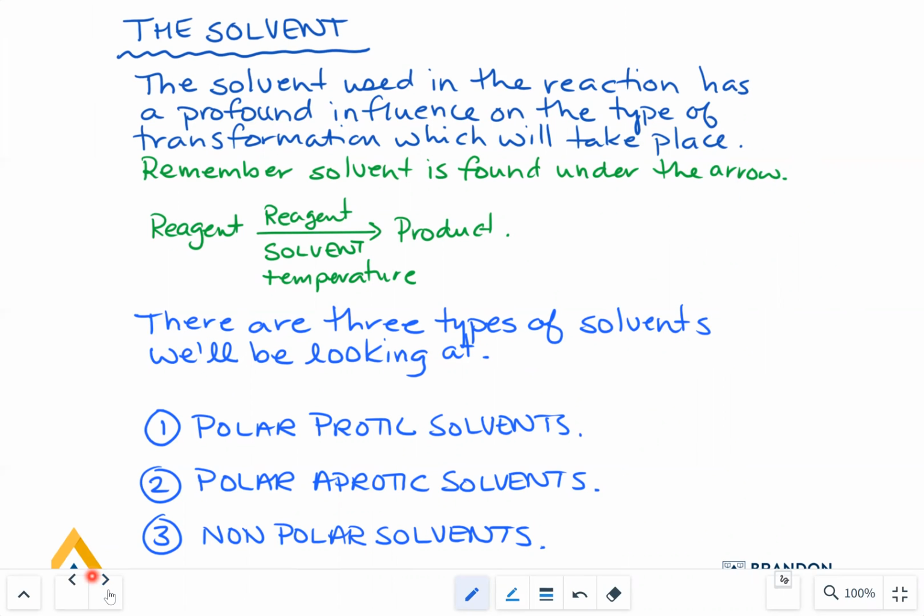Okay, so the last factor is basically the solvent, and the solvent really is super important.